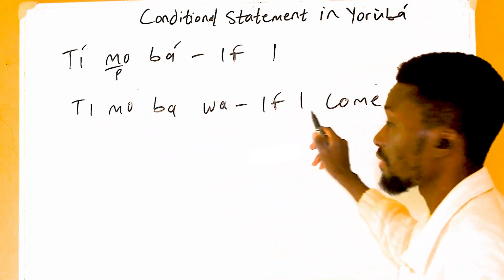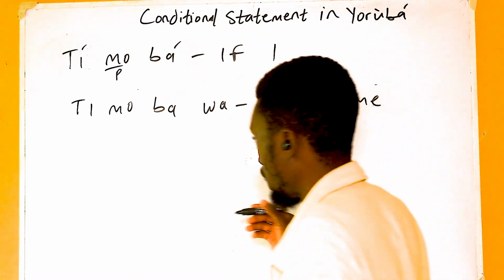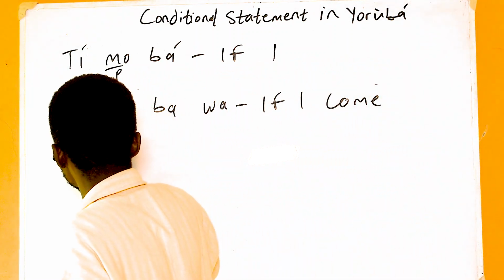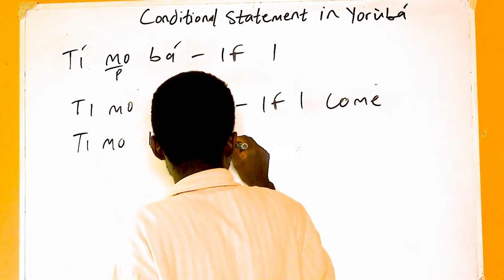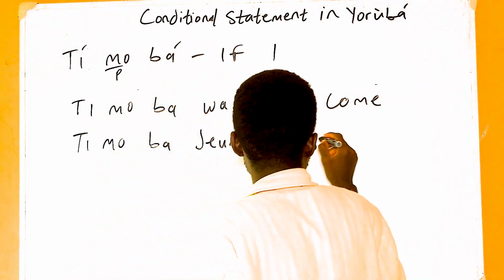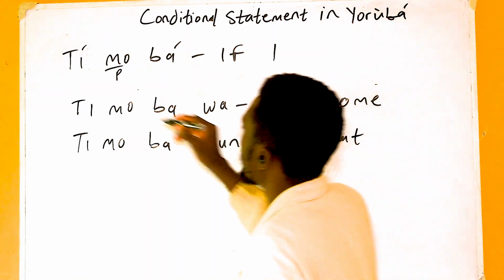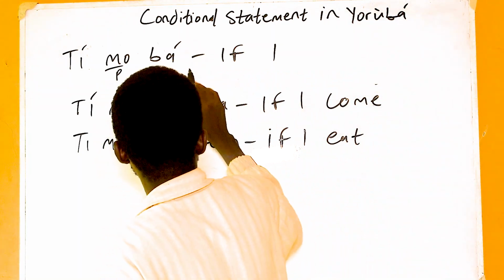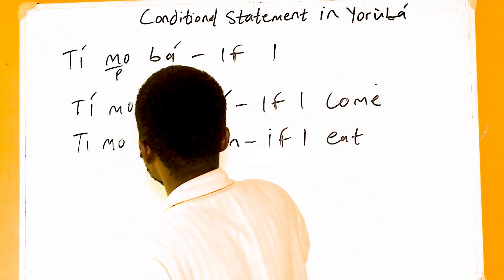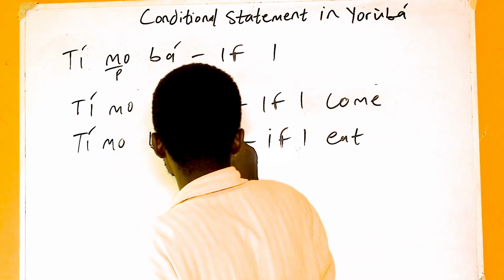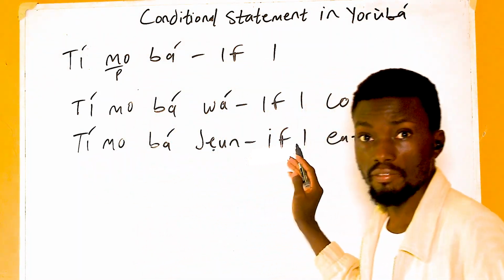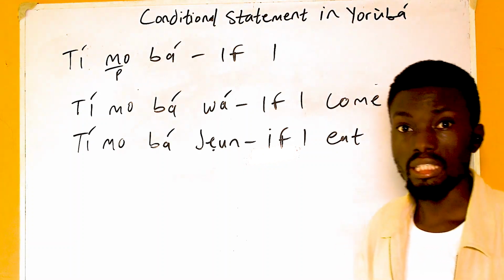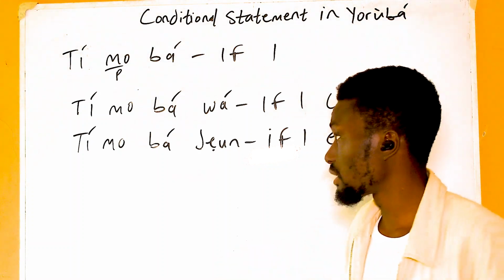We can also have "ti mo ba jẹun", which is if I eat. "Jẹun" is to eat. "Ti mo ba jẹun", if I eat.